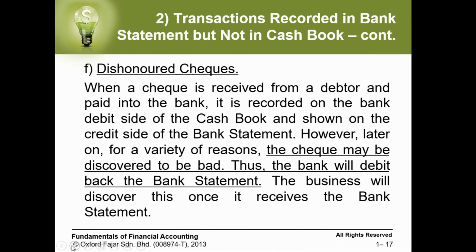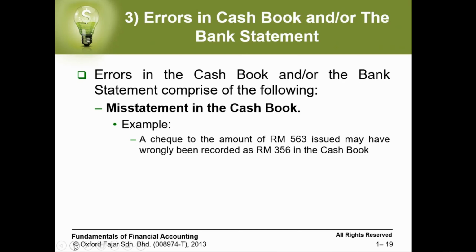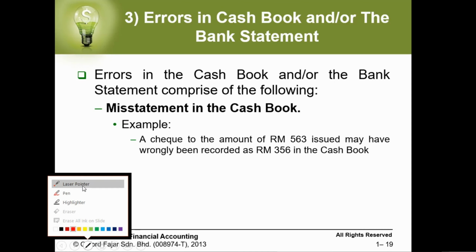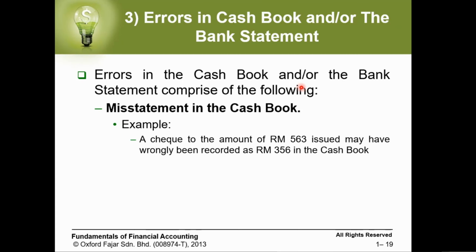The third type is bookkeeping errors, which means you record something wrong in your book. Normally, bookkeeping errors happen in the company, because it rarely happens in the bank. So errors in the cash book and or the bank statement: what are the types?